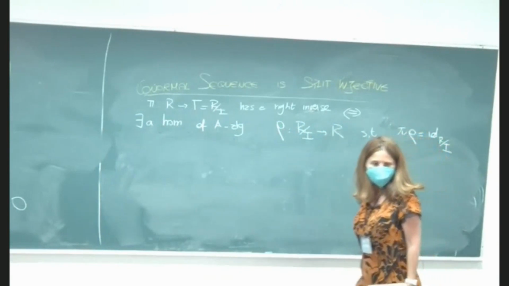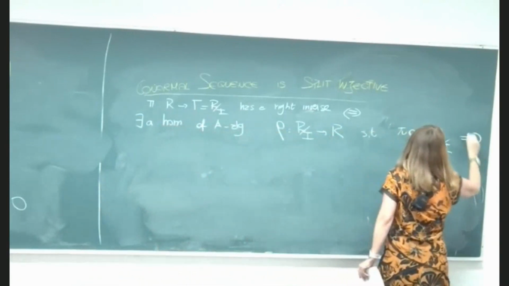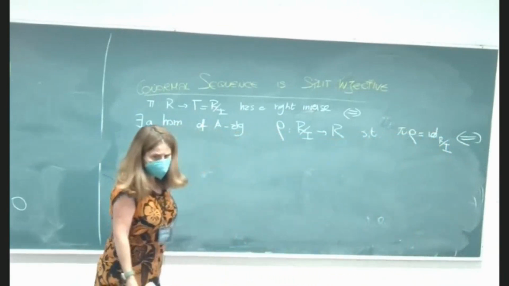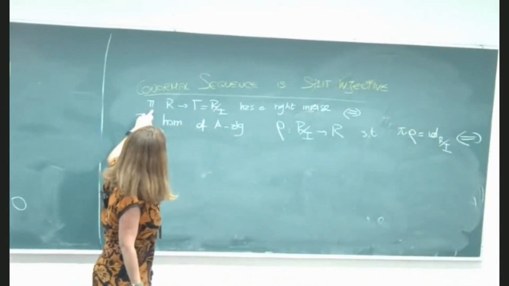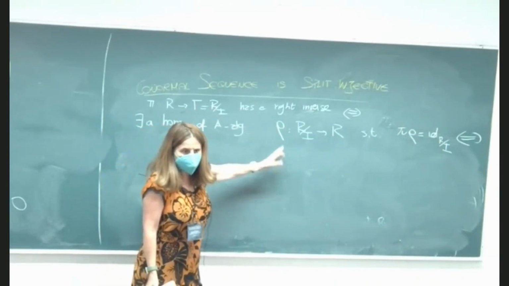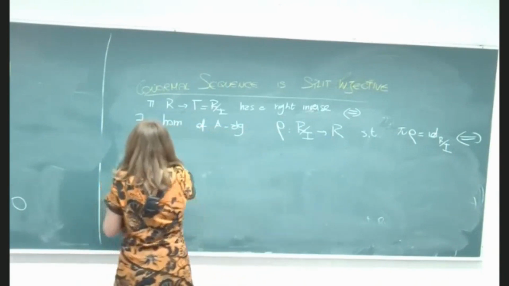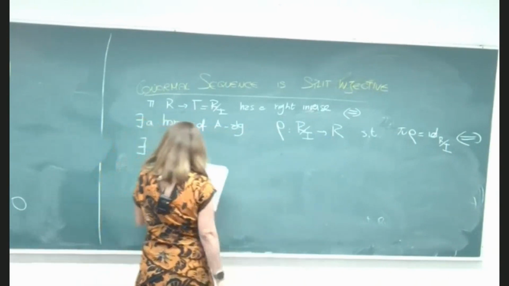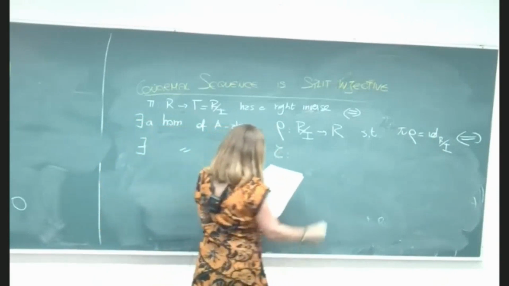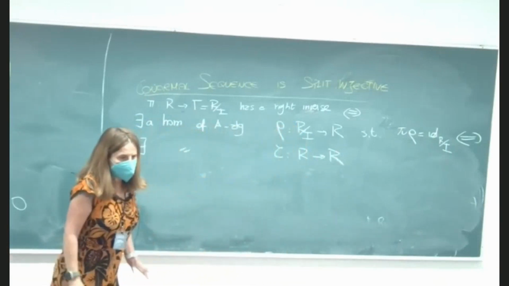That's just a definition. And now this is if and only if. Now what can you do? You can compose them the other way around. You can first apply pi and then apply rho. Then you get a homomorphism from R to R. So this is if and only if there exists a homomorphism of A algebras, and I'll call it tau, that's the composition the other way around, from R to R. And what does it do?